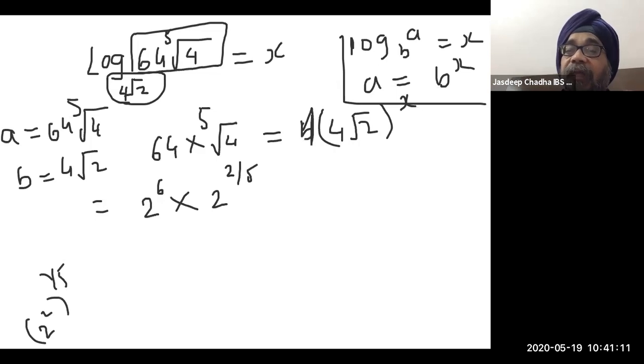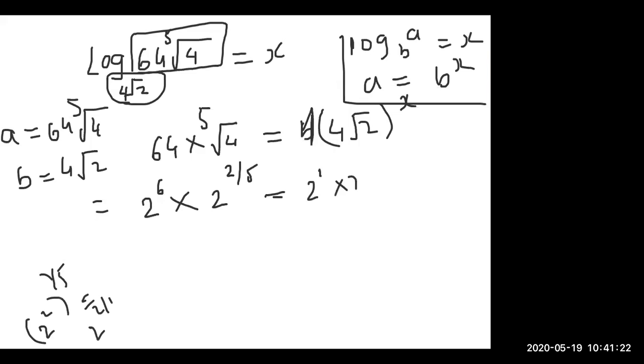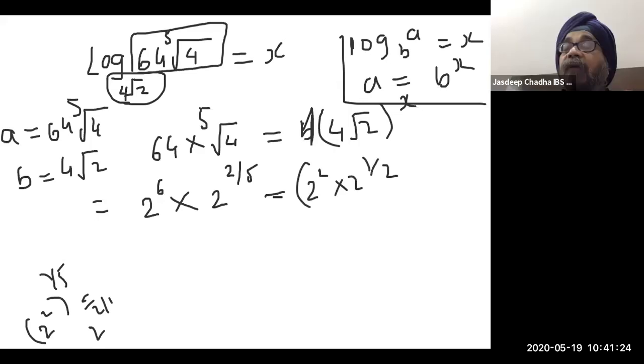So this will be equal to 2 to the power 2 by 5, which I have written here, equal to 4 can be written as 2 square into 2 to the power half, to the power x. Okay. Now let us use the addition formula. Bases are same in the left hand side.